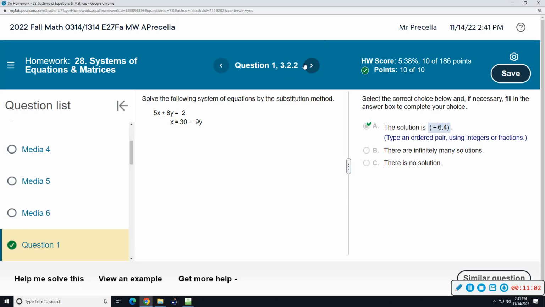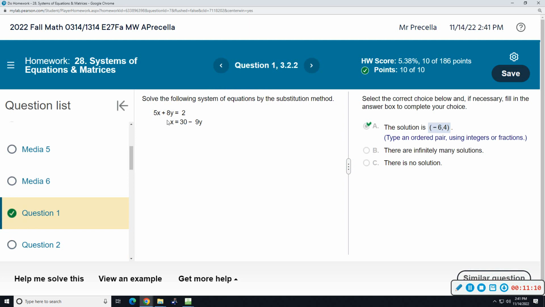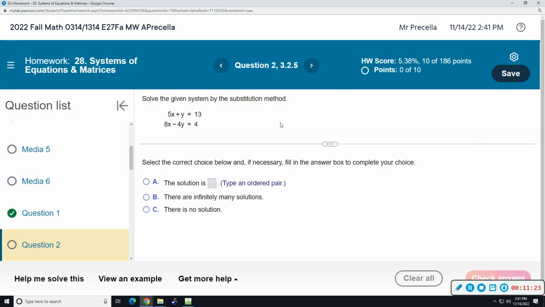If we go to the next problem, you'll notice with this substitution method, you sort of have to have one of the variables isolated, the way this says x equals. So you plug all of this in for the other x. The natural question to ask is, what if we don't have x equals or y equals?